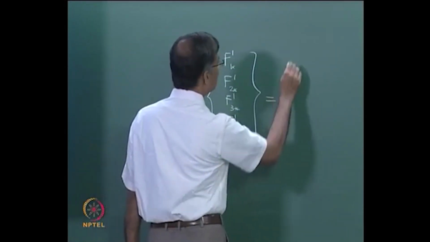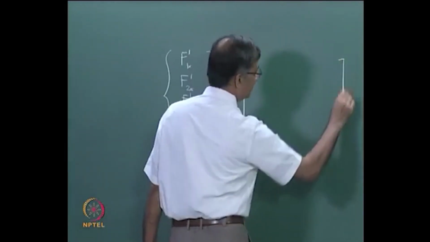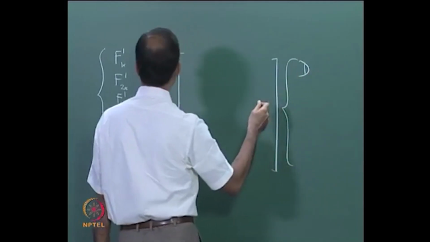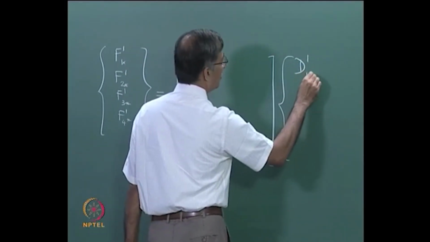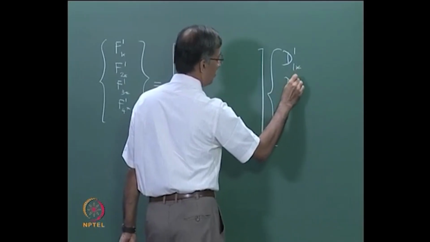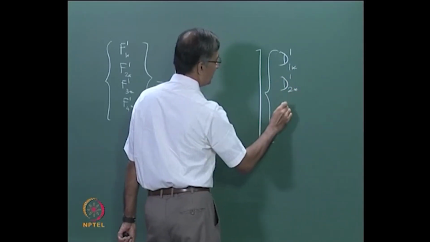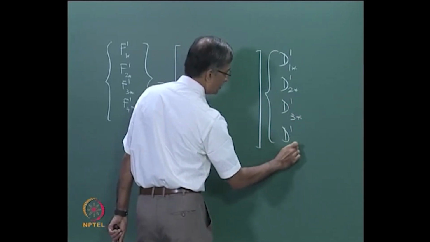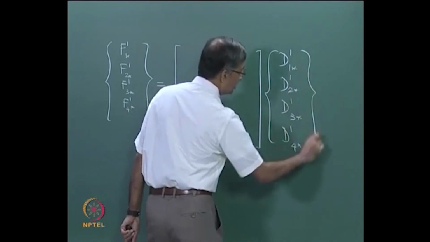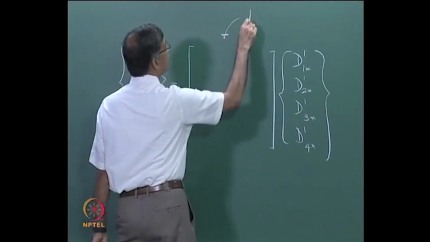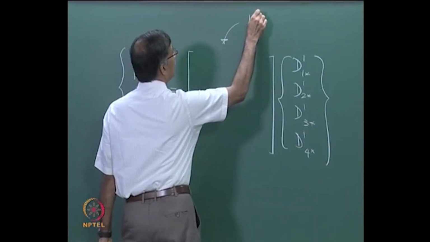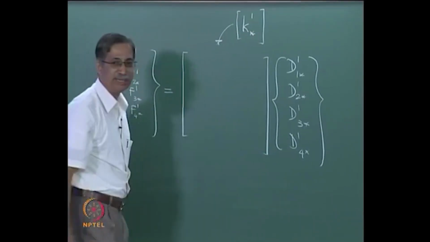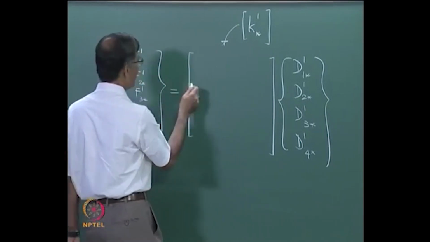This is related to D1 1 star, D1 2 star, D1 3 star, D1 4 star through a relationship which we are going to refer to as K1 star, right? This is the element stiffness matrix, it's 4 by 4, and you remember some rows are 0.